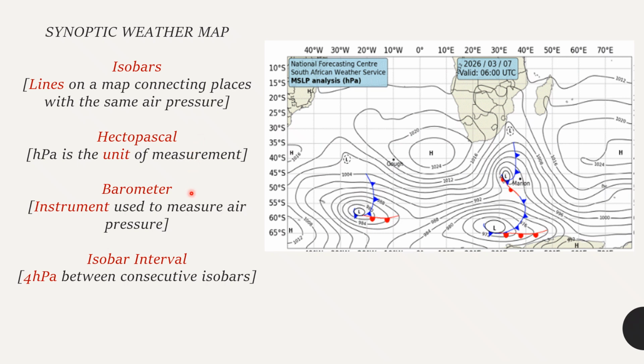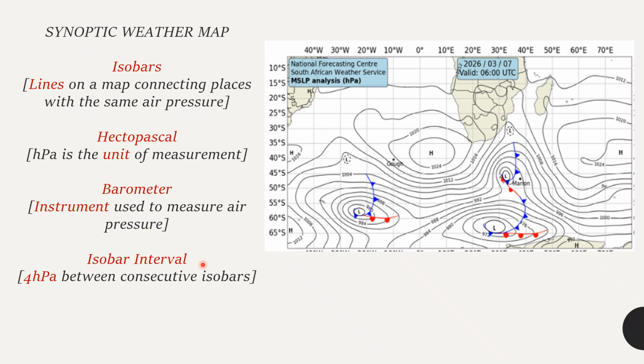We use an instrument called the barometer in order to measure air pressure, and it's equally important to remember that the interval between consecutive isobars is 4 hectopascal, and that simply means that if I start with a value of 1,000 on one isobar, when I move to the next one, it's either going to increase or decrease by 4 hectopascal and so forth.